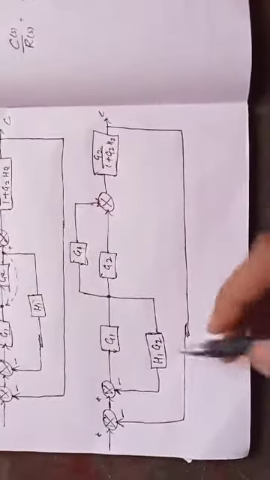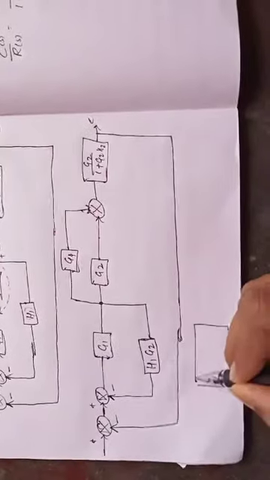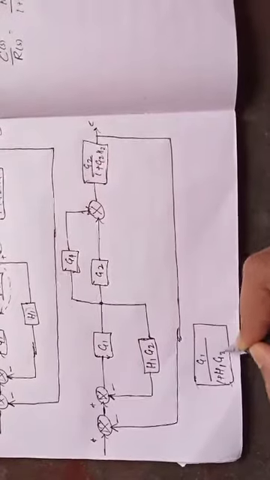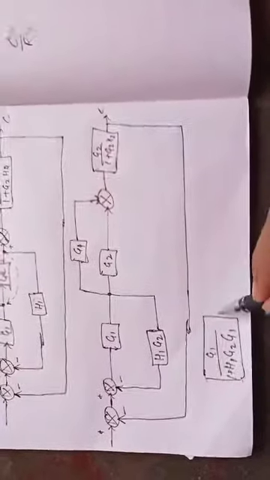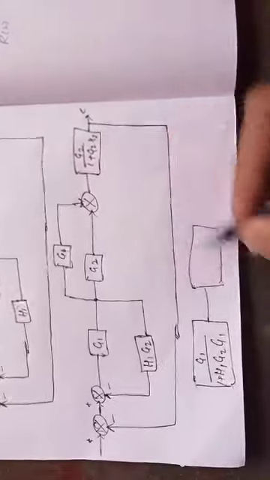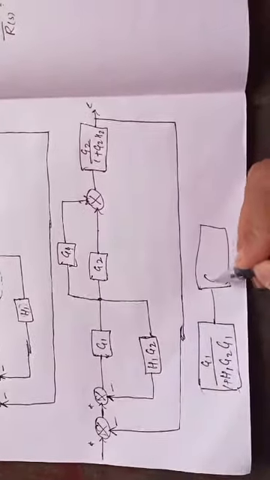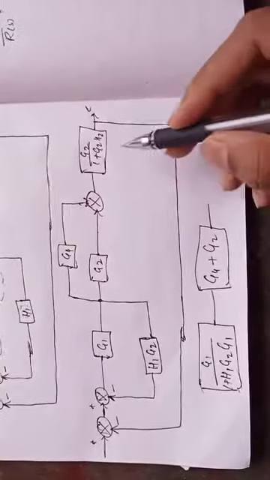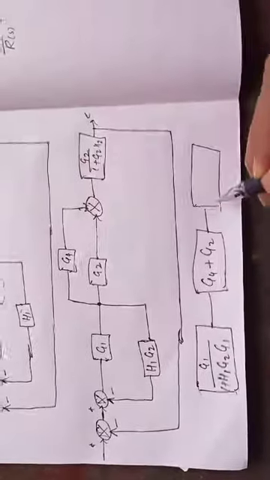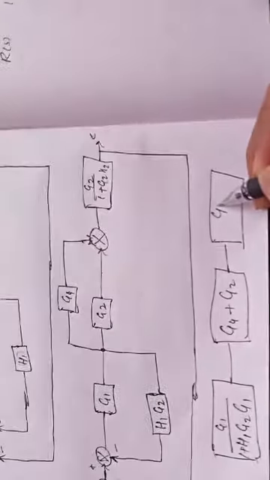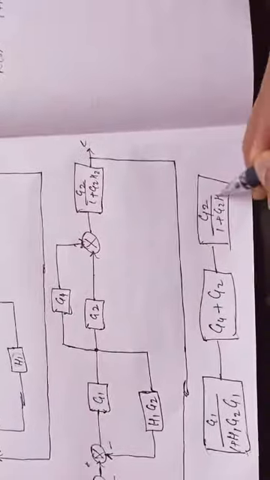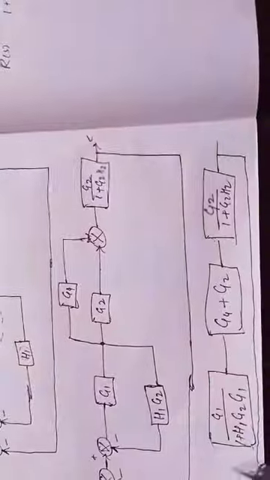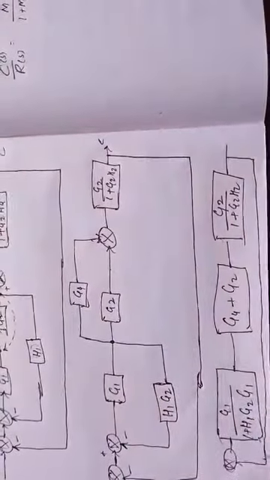Then this block, when I reduce, becomes G1 divided by 1 plus H1 G2 into G1, and this block becomes G4 plus G2, and the remaining block is G2 divided by 1 plus G2 into H2, and the unity feedback signal as it is, like this.